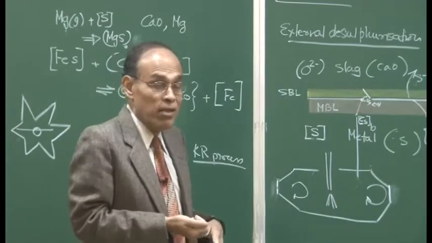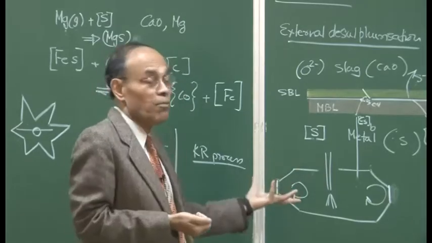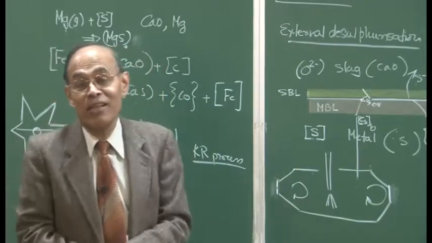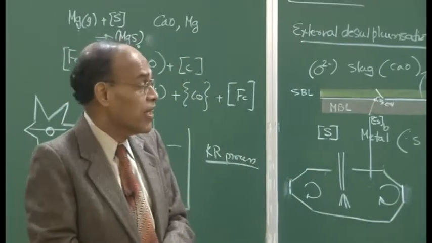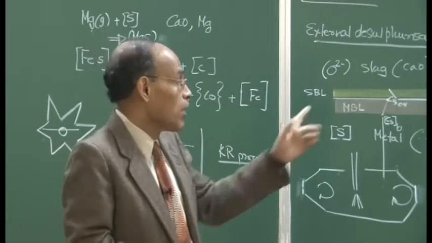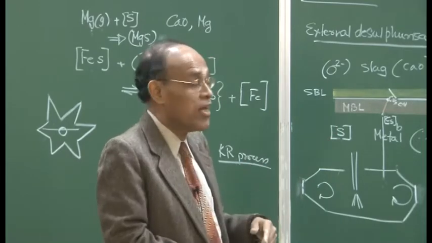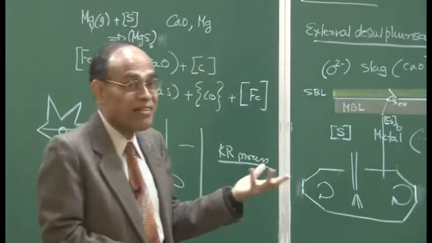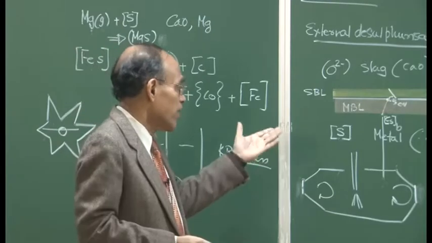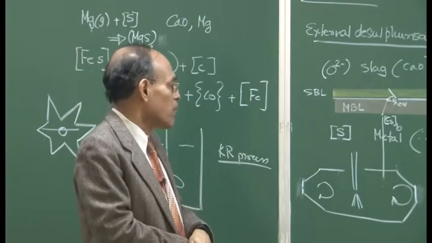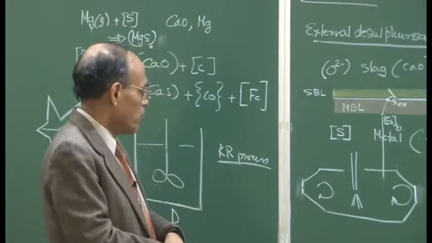Sulfur removal is a must for us. If we are not able to maximize sulfur removal in the blast furnace for some reason or other, we have no option but to do external desulphurization. And in plants like JSW etc., there are standard desulphurization practices for hot metal.